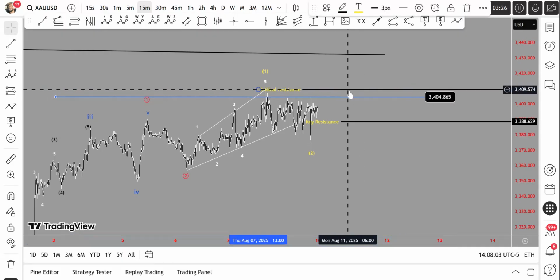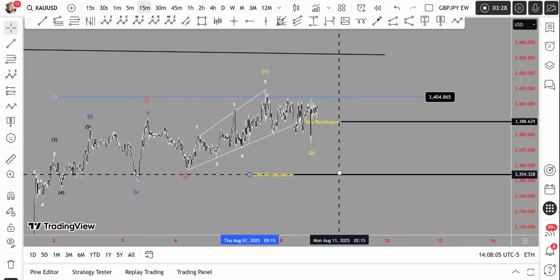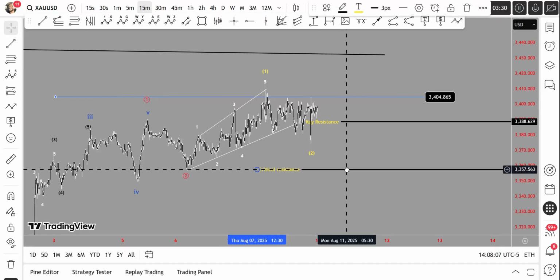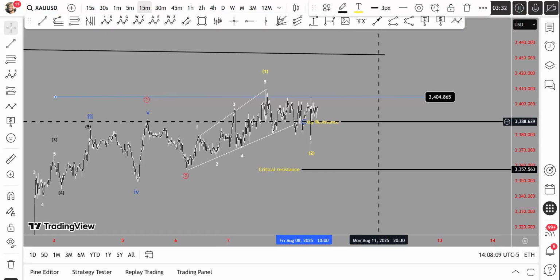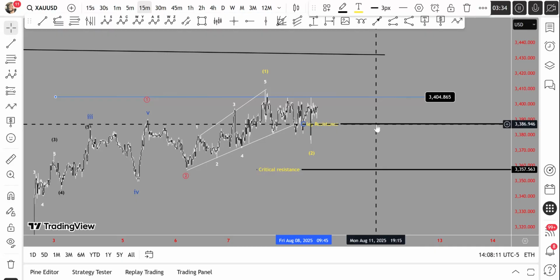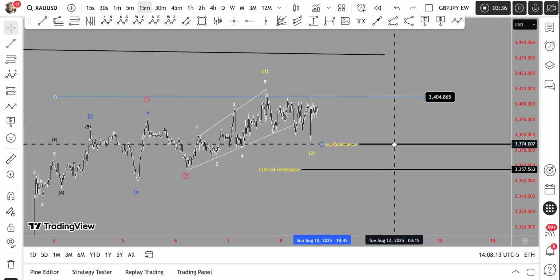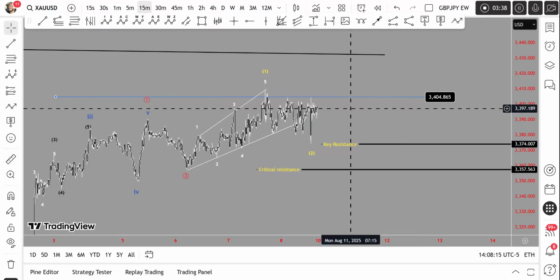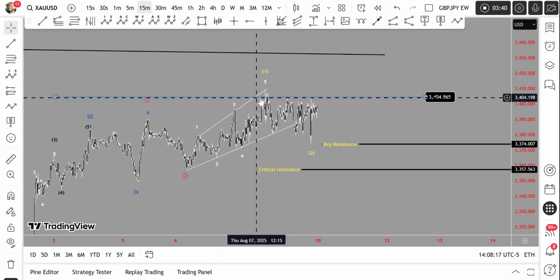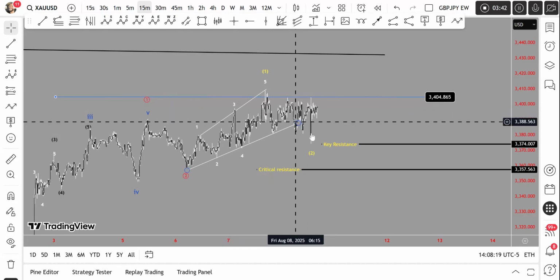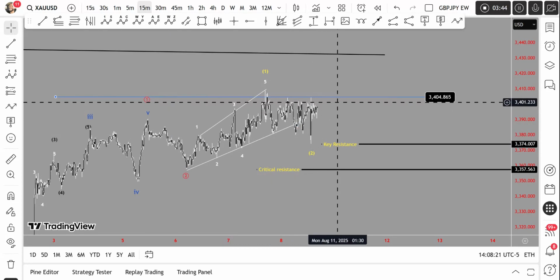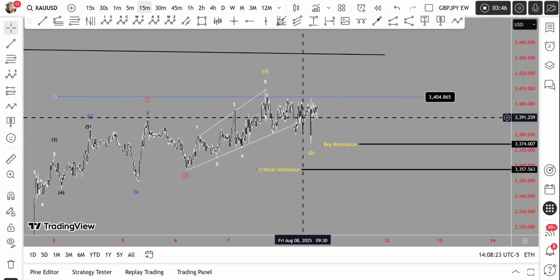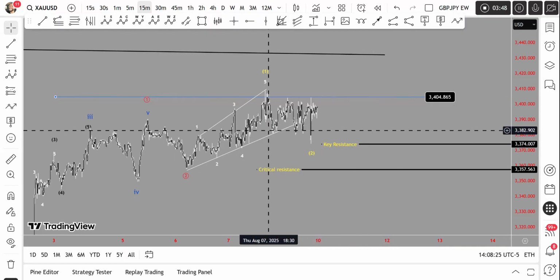So I would now move my critical resistance to our larger degree wave 2, and I would move my key resistance to our smaller degree wave 2, because this wave 2 could be just an A leg going up to the B and then C to give us a little bit further downside before going up.